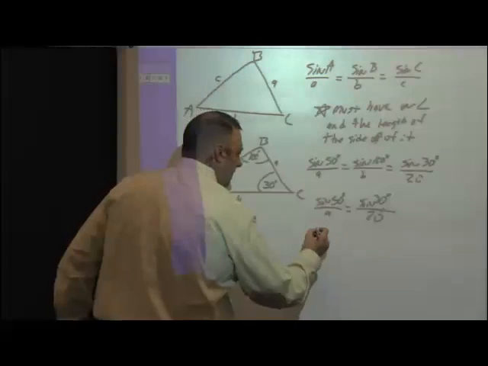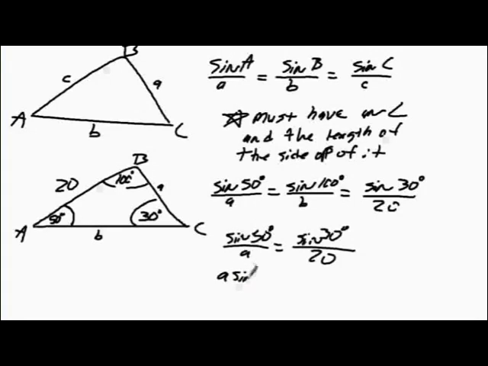You're going to get A sine of 30 degrees is equal to 20 sine of 50 degrees. To solve for A, divide both sides by sine of 30 degrees. So you're going to get A equals 20 sine 50 degrees all over sine of 30 degrees.